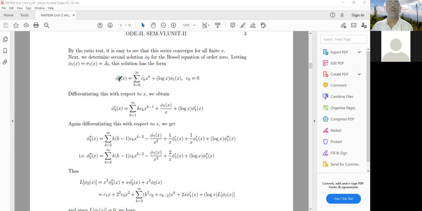So this is phi2. Second solution is this. So this will be in terms of the first solution, and putting the values you will get this as a solution to the given problem. And work on the same line, see whether that function satisfies the first solution, right? And differentiating you can have say this.